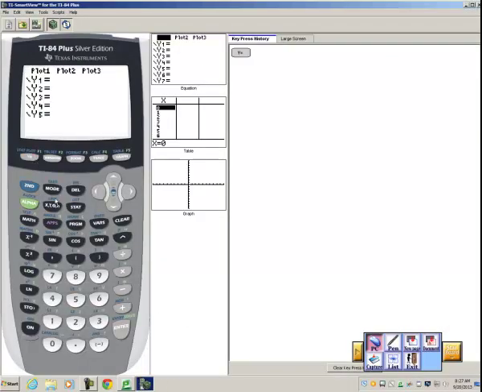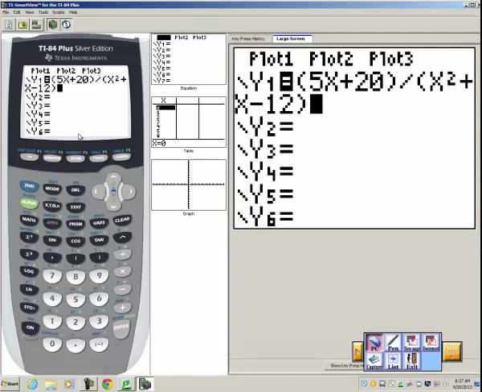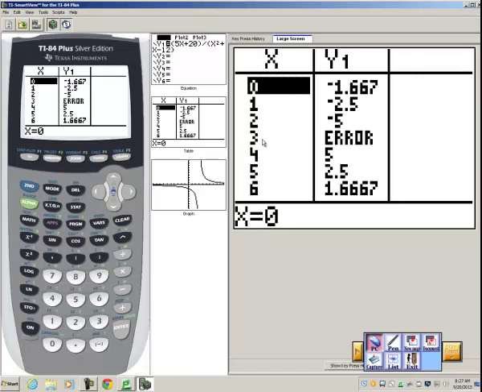We're going to go to y equals, open parentheses, 5x plus 20, close it, divided by open parentheses, x squared plus 1x minus 12, and close that parentheses. Then we go to second and graph. There's our vertical asymptote.